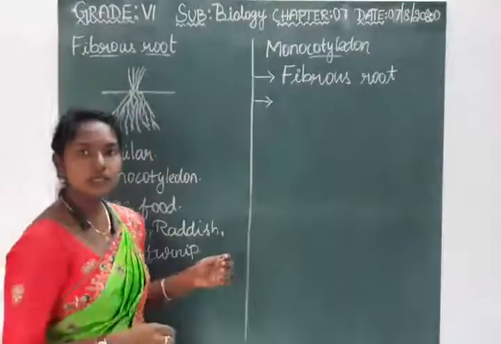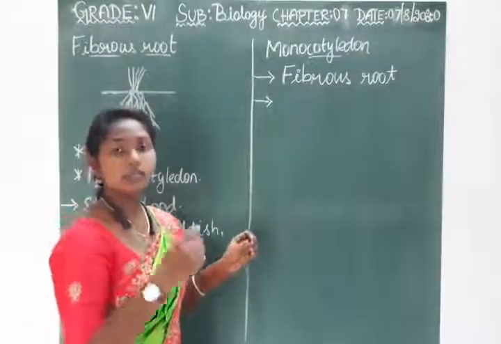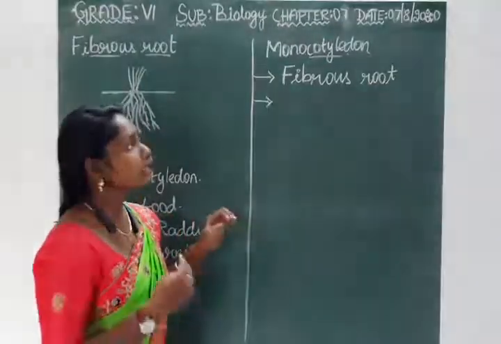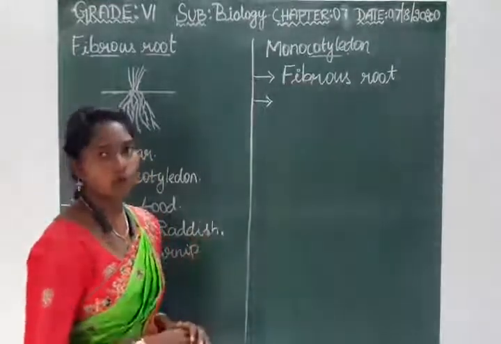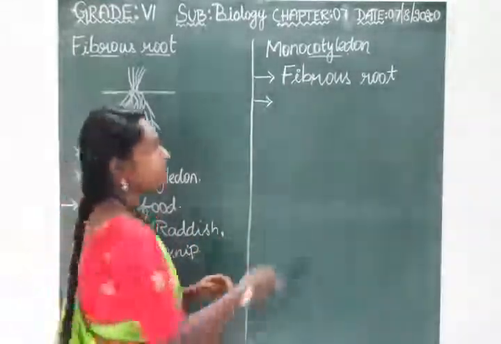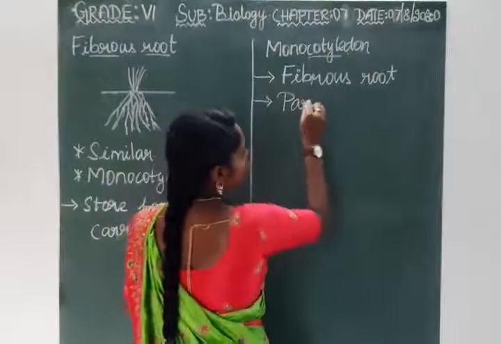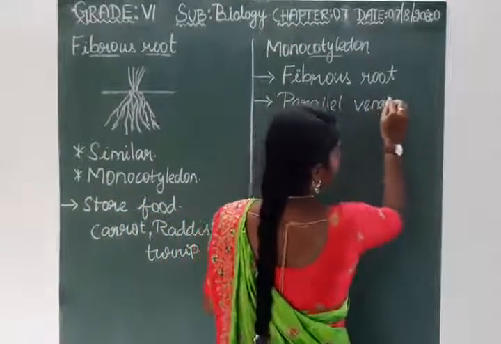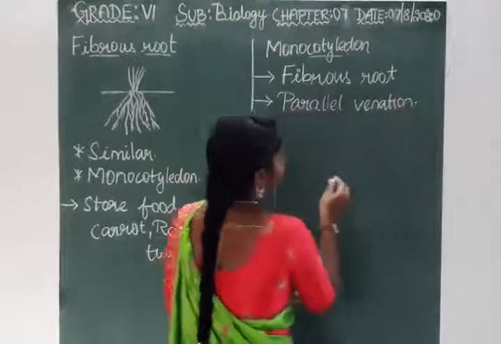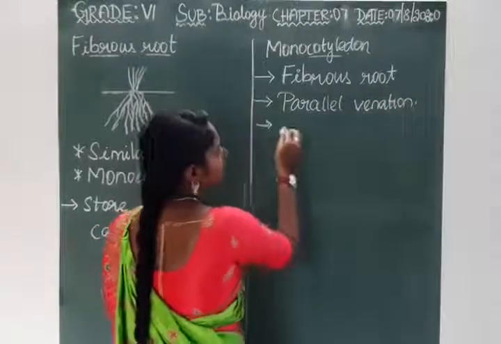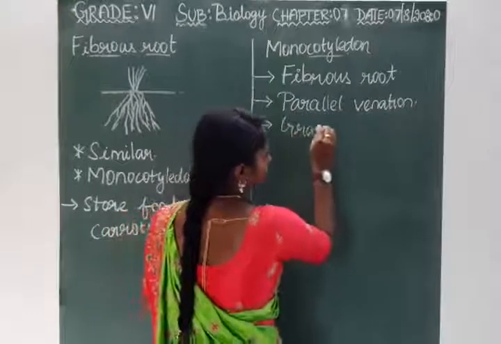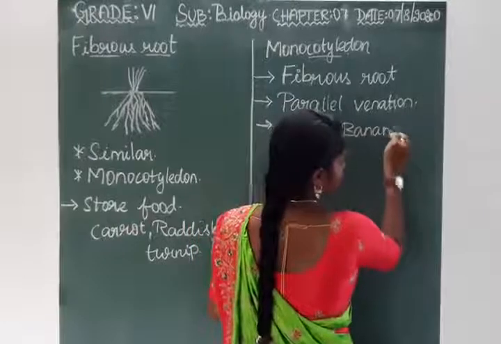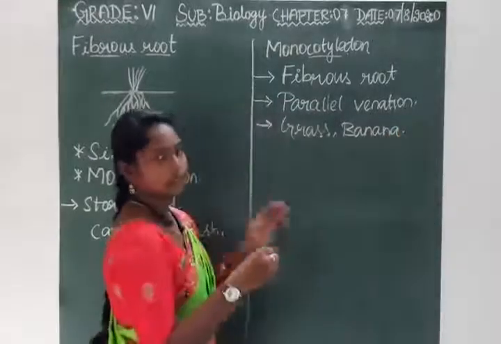Can you remember what is the venation? Venation means it is the pattern or the arrangement of veins in the leaf. So what kind of venation is present in the monocotyledon? It is the parallel venation. The veins are arranged parallel. You can observe these in the grass and in banana. These are the examples of this kind.